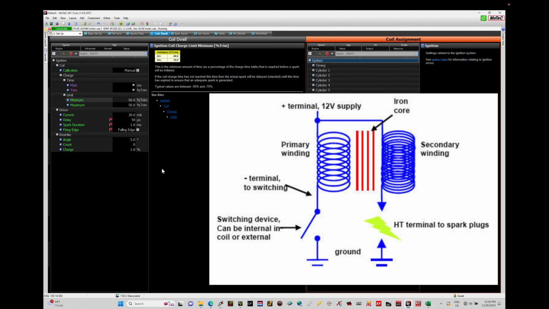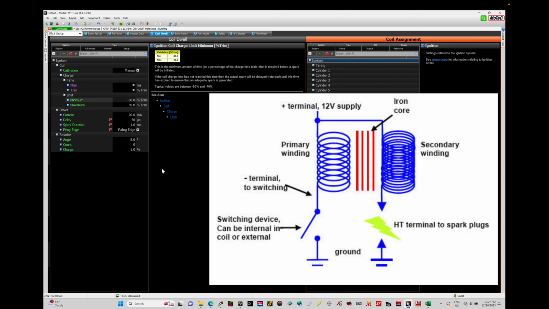That acts as a multiplier and gives us that high voltage to our spark plug. So internally, we have both a primary winding and a secondary winding, and what energizes the primary winding is an igniter, which allows that 12 volt to build up inside of the coil, and then dissipate to the secondary, creating that amplification effect.